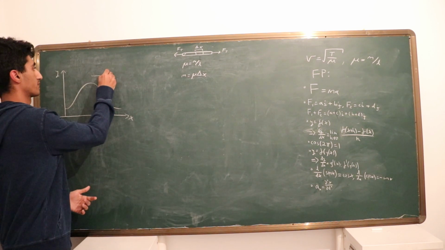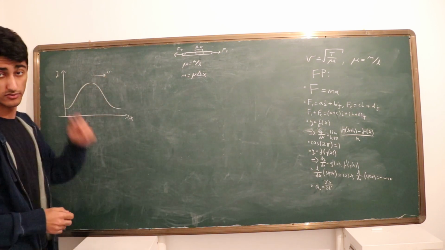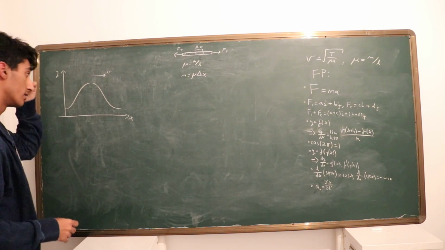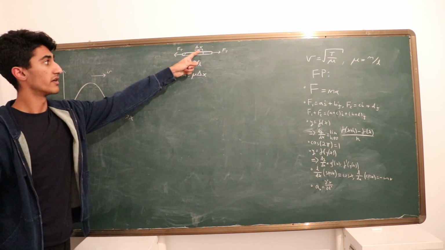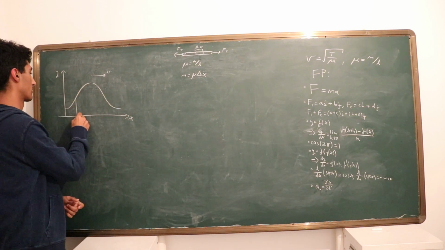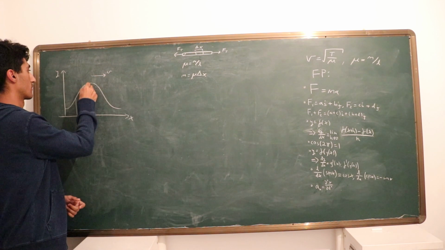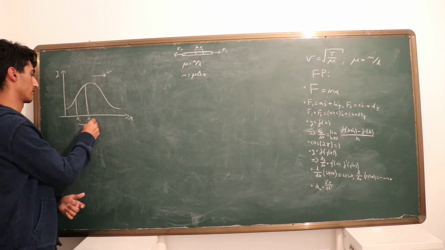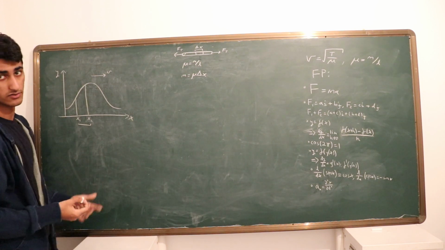So, positive, moving to the right. Let's now find this piece of string on here. I'm going to say it's here. So the distance between these two ends is going to be, of course, delta x.